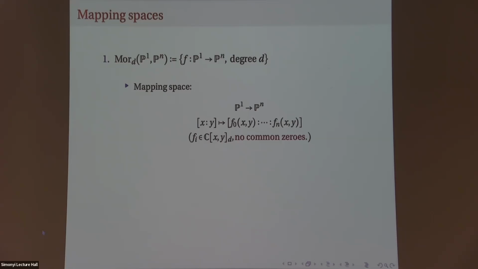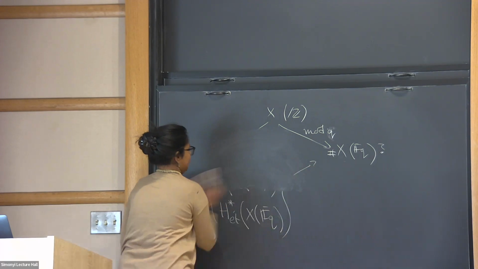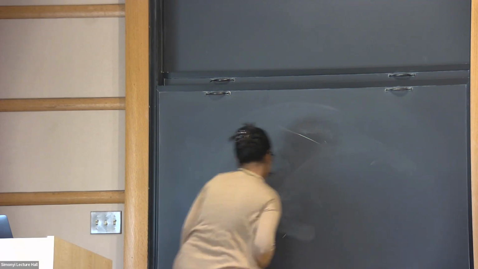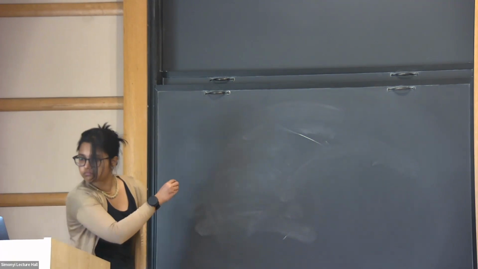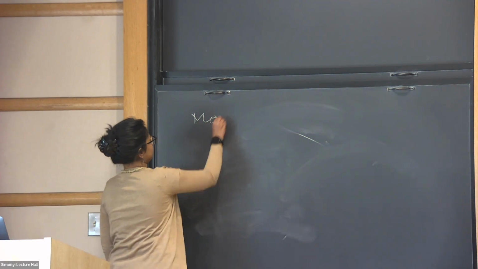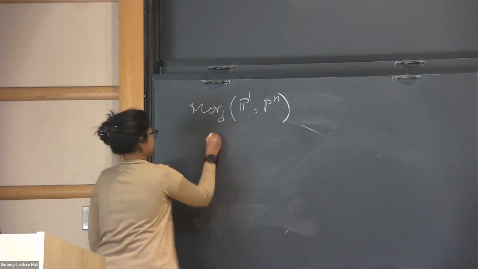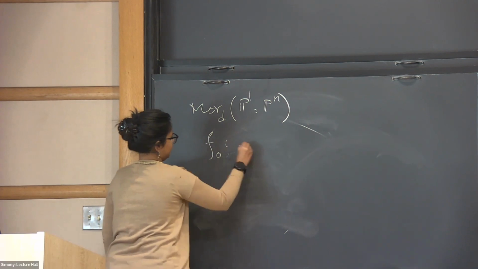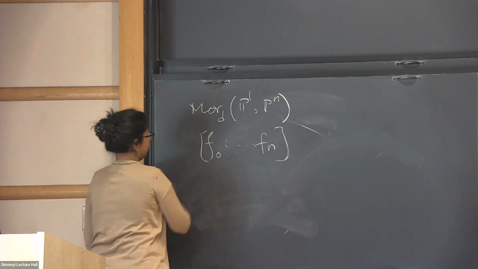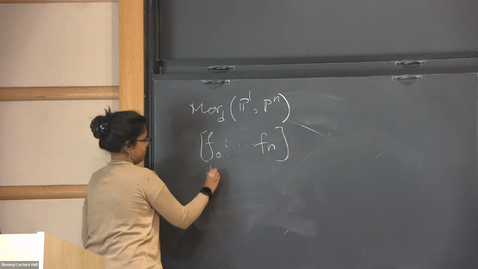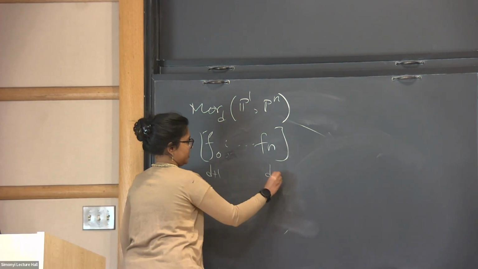So before we see what we want with this space, I want to give an idea about what it looks like. All these polynomials, each is determined by d+1 coefficients.